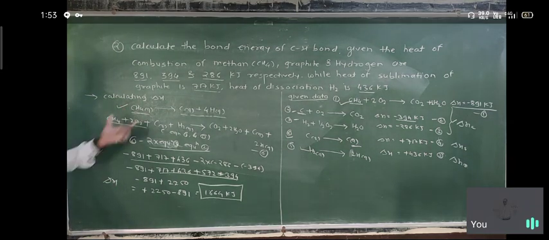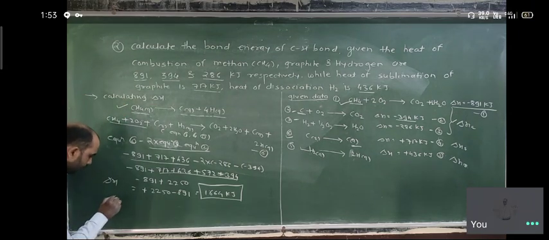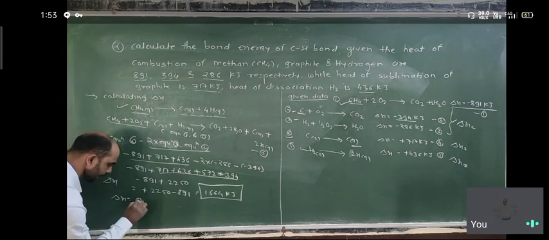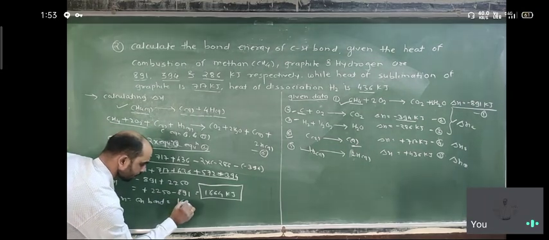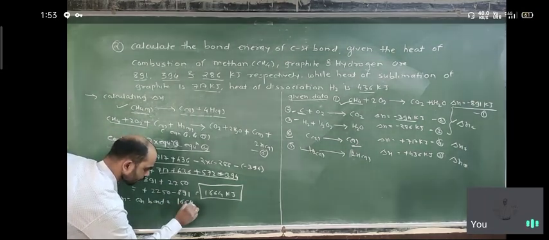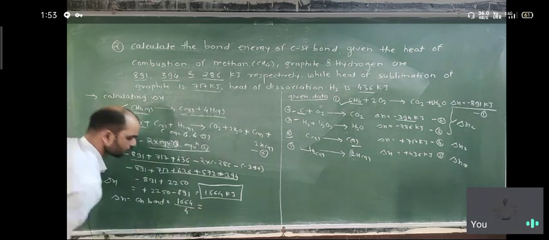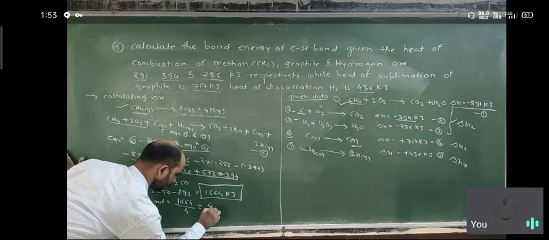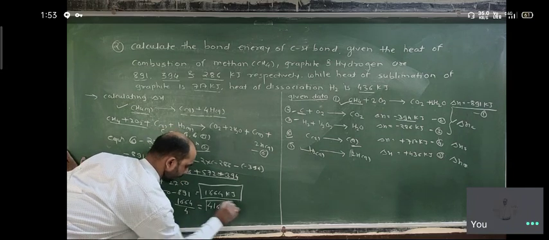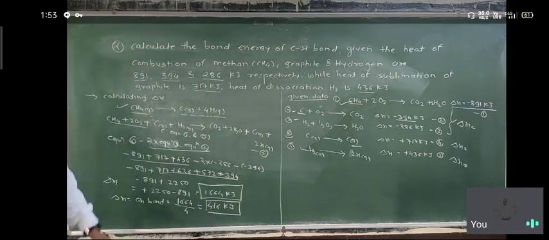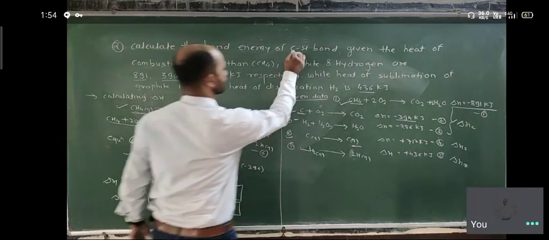So we have 4 bonds. So delta H of the CH bond is 1664 upon 4, which is equal to 416 kilojoule. 416 kilojoule is the energy of the CH bond.